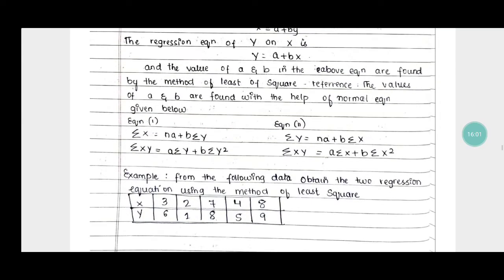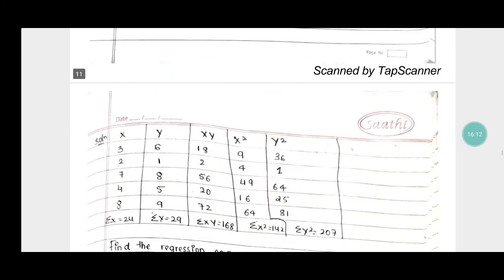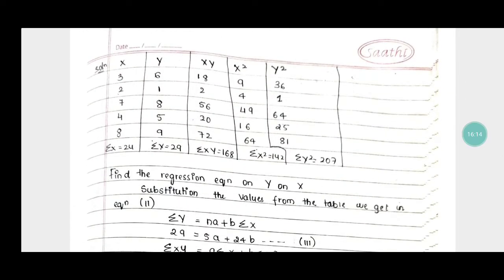These are the two equations to find the values by least squares. So this is the equation, and this is the solution of a problem, which is an example for the regression analysis.